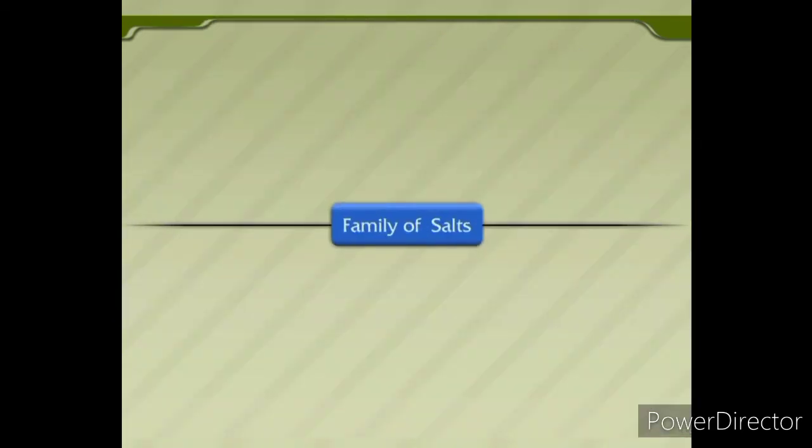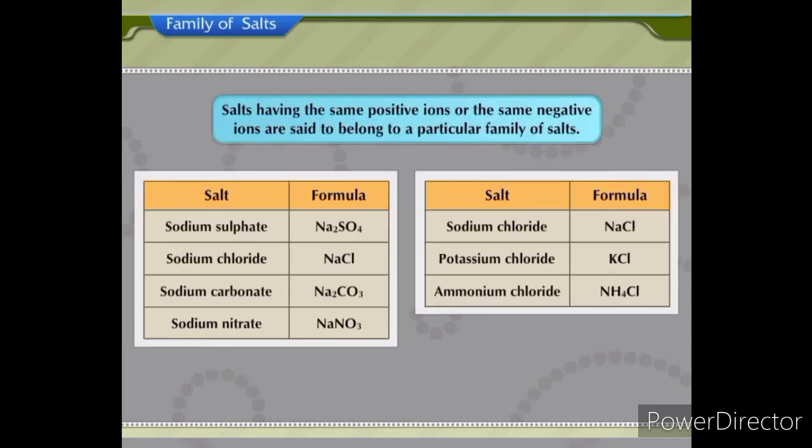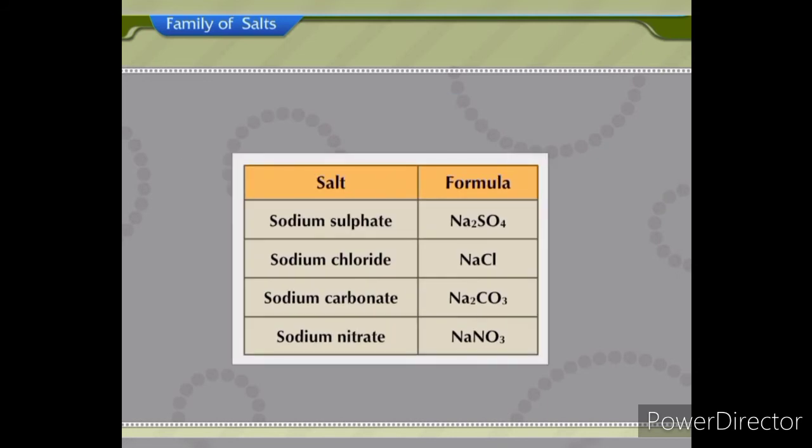Family of salts. Salts having the same positive ions or the same negative ions are said to belong to a particular family of salts. For example, the salts sodium sulfate, sodium chloride, sodium carbonate, and sodium nitrate belong to the family of sodium salts.